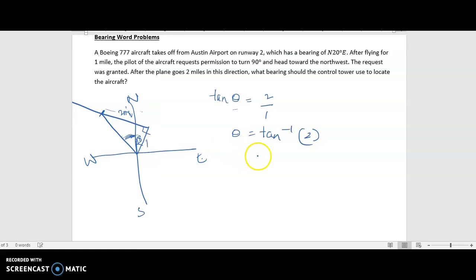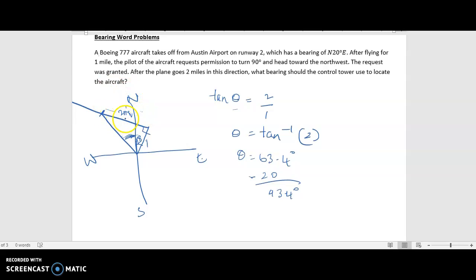So we got it as 63.4. But remember, part of it is 20 degrees. We need to find the other part. So we just have to subtract 20 from here, which is 43.4.